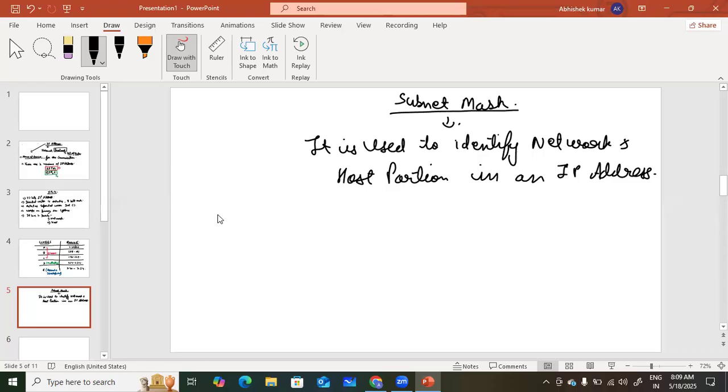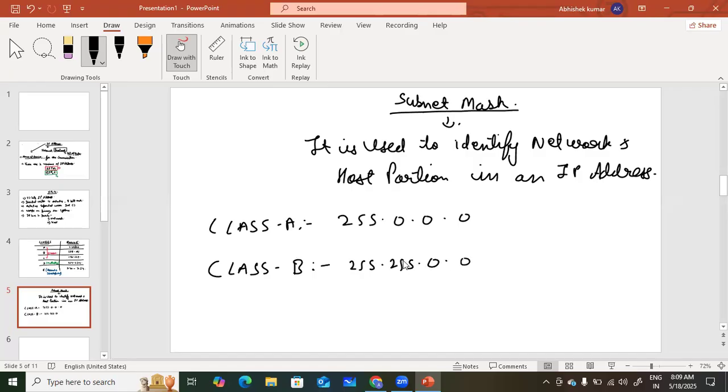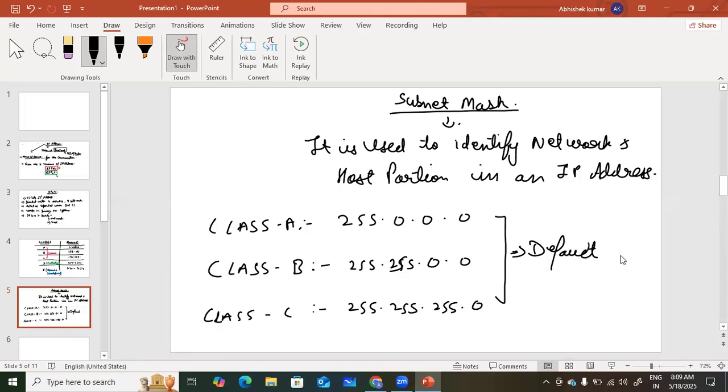We discussed yesterday the subnet mask for class A is 255.0.0.0. For class B, the subnet mask is 255.255.0.0. And for class C, the subnet mask is 255.255.255.0. These all are default subnet masks. Am I clear?